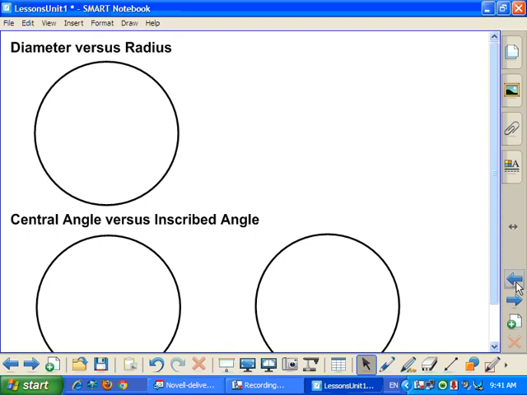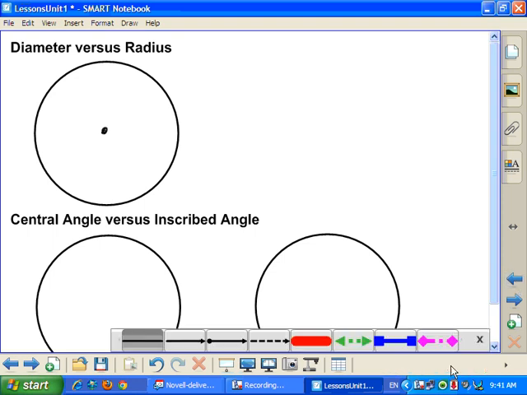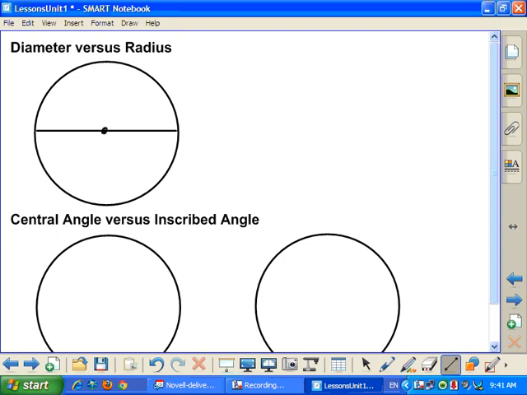So I want to talk about diameter versus radius. So if this is the center of my circle, and I draw in a diameter, and again a diameter goes through the center of the circle, and I draw in a radius. So we usually use small d to represent diameter, and we use small r to represent radius. Diameter. And what do we know about diameter?